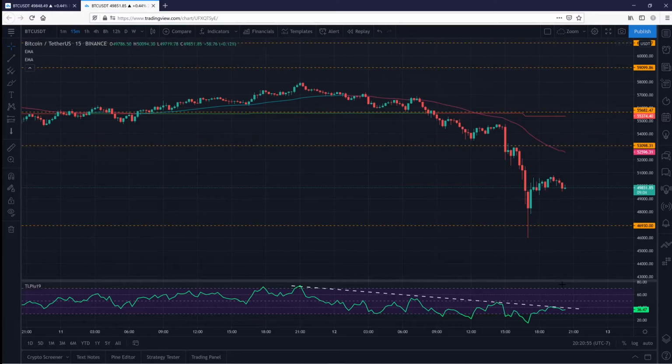Another thing you can look for to signal a temporary bottom, if there's no bullish divergence, is this: say RSI, we're right here. I don't know what measurement that is, but it's around 15 or so.